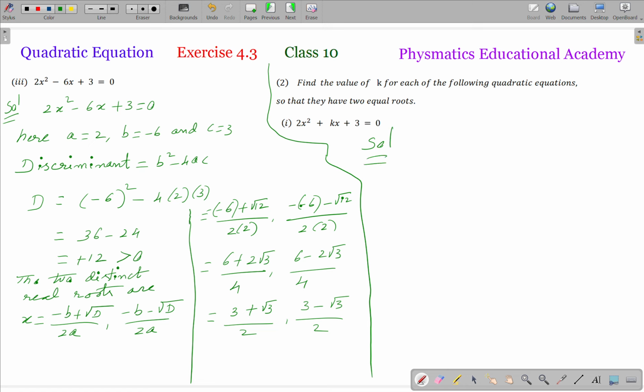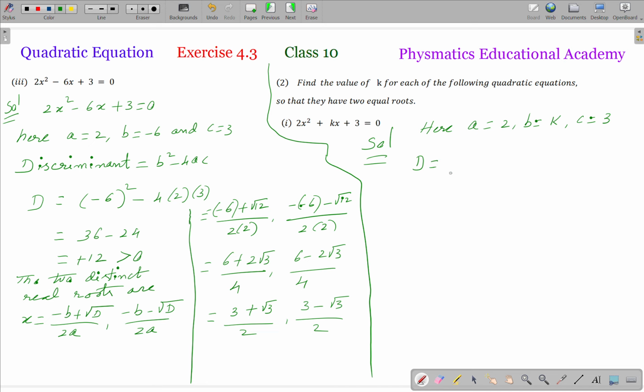Here in this solution, a is equal to 2, b is equal to k, c is equal to 3.